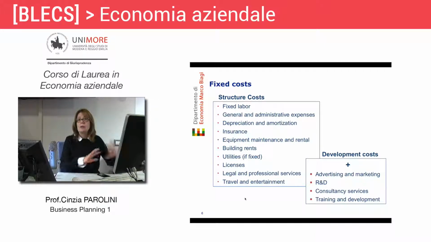Okay, we can close this first part of this introduction to financial forecast. In the next online lecture, we will see how to build the first part of the income statement, the part related to operating revenues and costs.